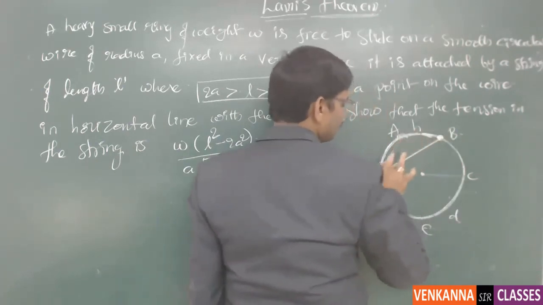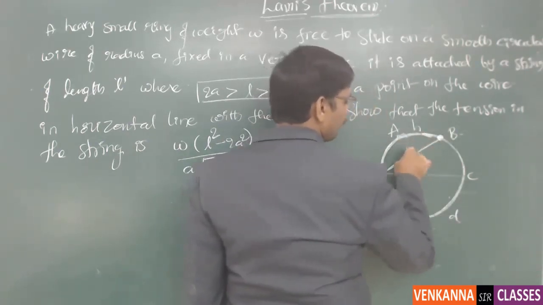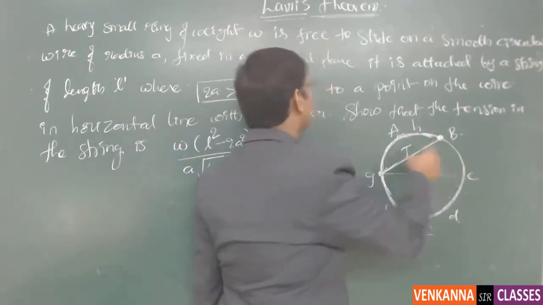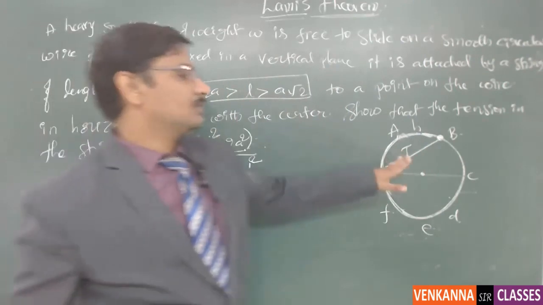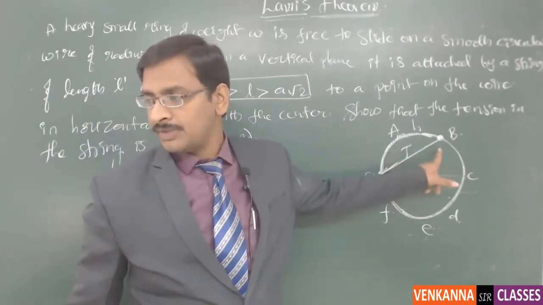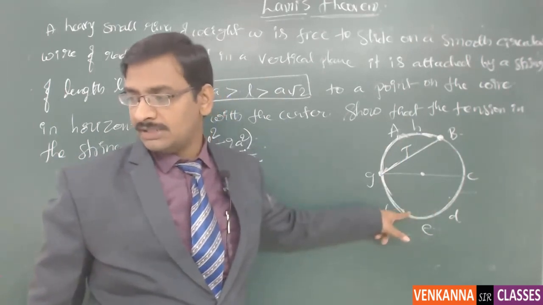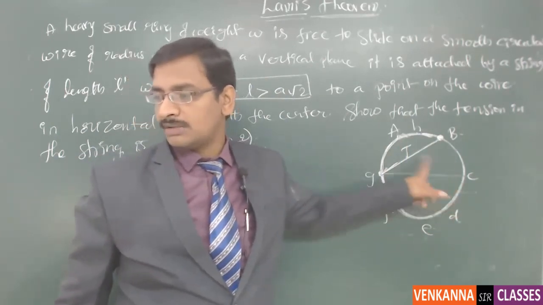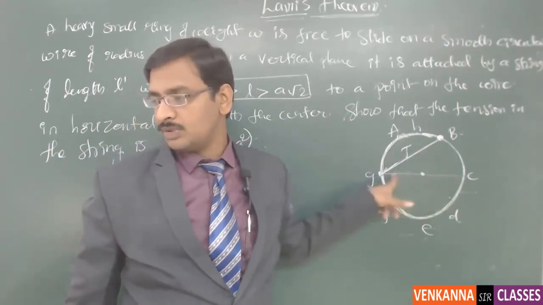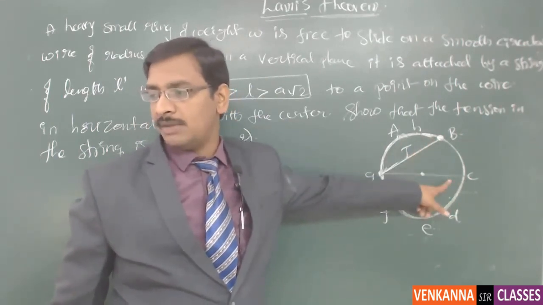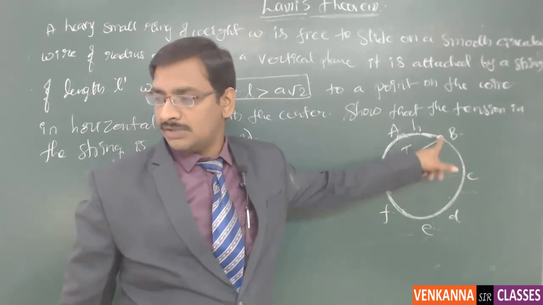Now it was held with a certain tension T on this string. It cannot move further because this length is limiting, so it cannot stretch further. If it is here, it will come back. And it cannot go to this point because the length is less than 2a. This is the radius, this is the diameter, so this length is less than the diameter. If it is here, then it will stop there itself.